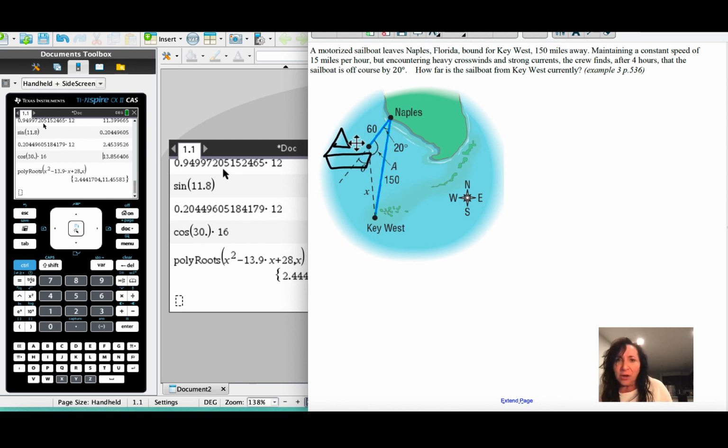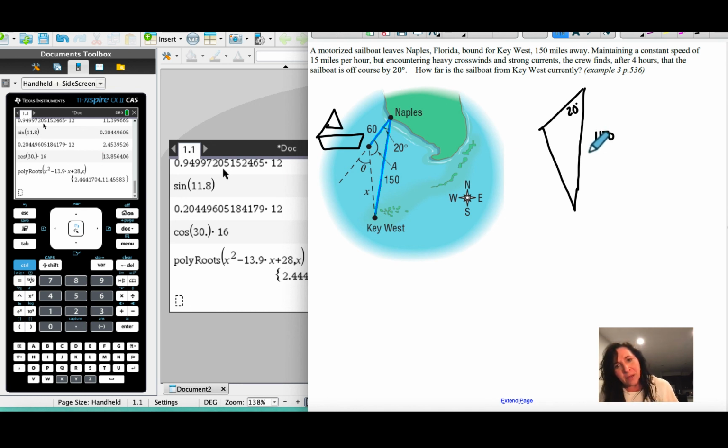Well, they want to know how far you're off course. And it goes up like this. And this is 20 here. What else do I know? We know this is 150. Gosh, it tells us to find X. What else do I know, though? Oh, I know this is 60.